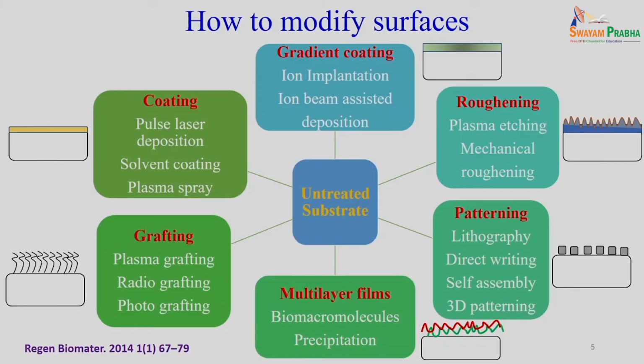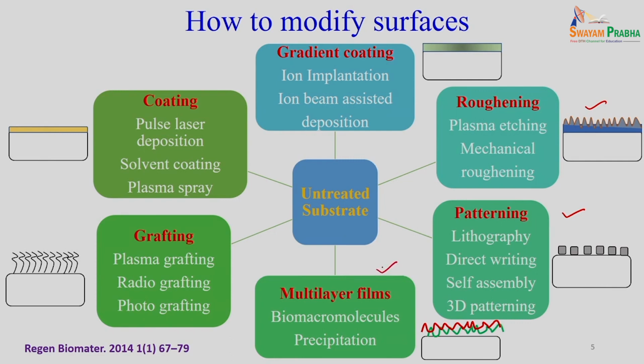So, how to modify the surfaces? I have quickly overviewed different methods. You can go for roughening. In case of rough surfaces, you can go for plasma etching or mechanical roughening. We can form patterned surfaces. Patterns can be formed by lithography, 3D printing, self assembly or direct writing. Also, we can go for multi-layer films.